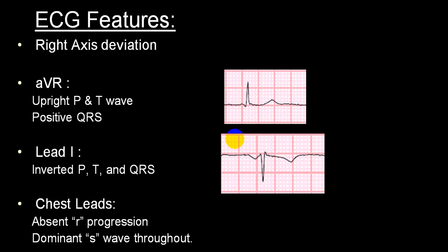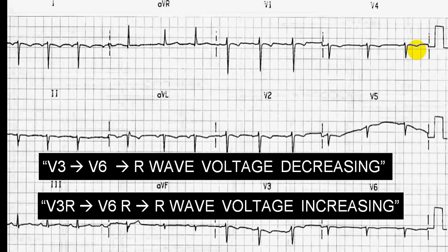And in the presence of such changes, say AVR is upright and lead 1 is inverted, but there is a normal progress of R wave, that is V1 is showing a small R with a deep S wave and V5, V6 is showing a tall R wave with a small S wave or only R wave, there is no S wave. This is technical dextrocardia.